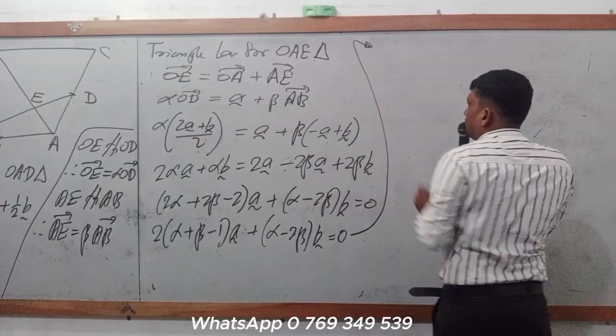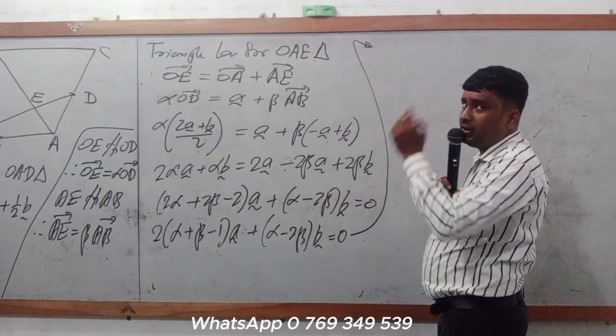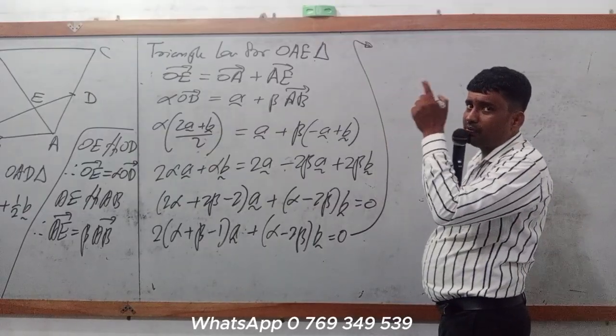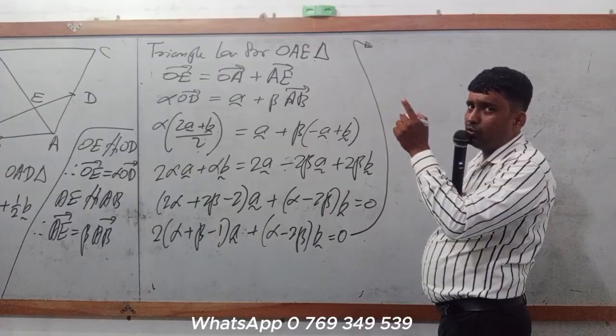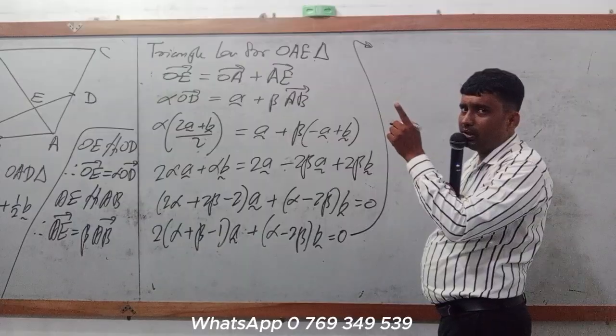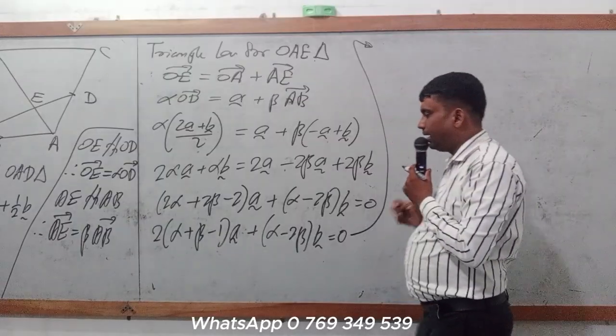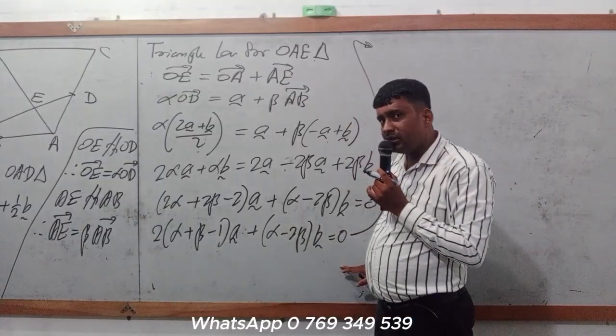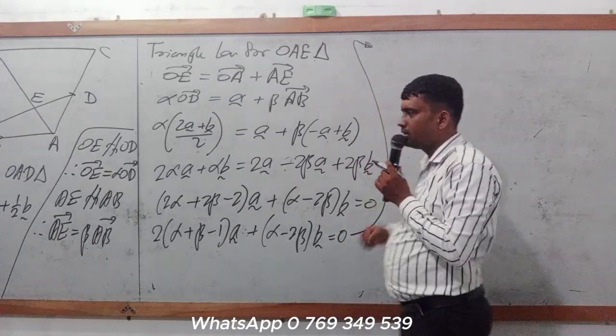Now we can use the previous theory: if lambda A plus mu B equals 0, then lambda equals 0 and mu equals 0, because A and B are non-zero, non-parallel vectors.